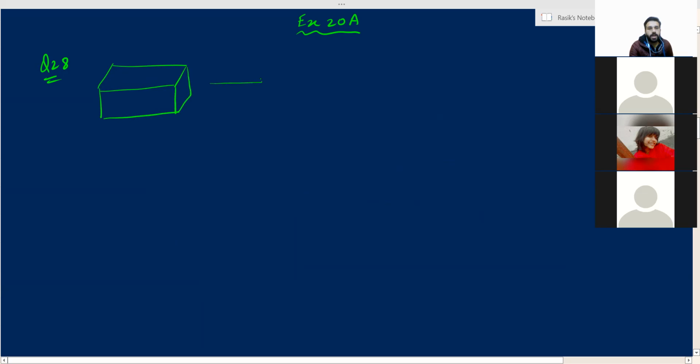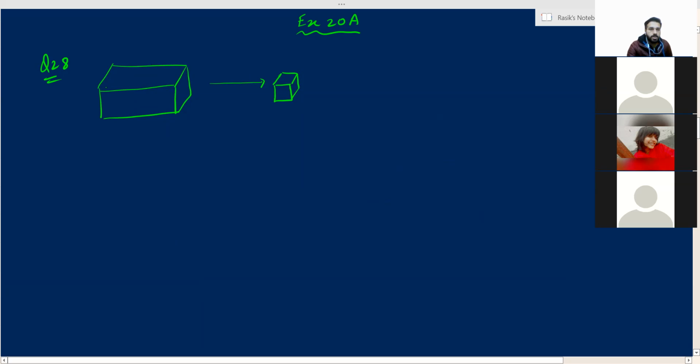This is melted and then recast into not a cube, but many small cubes. So you can see that these are small cubes of side 45 centimeters each. So how many cubes can you make using this metal block?